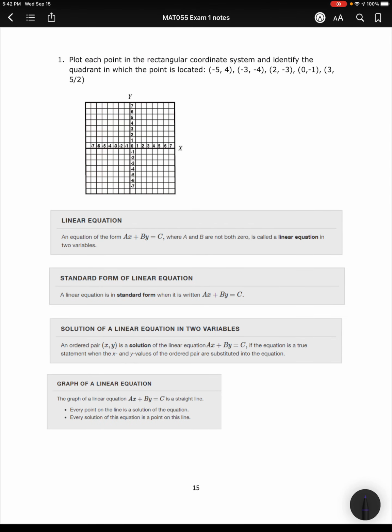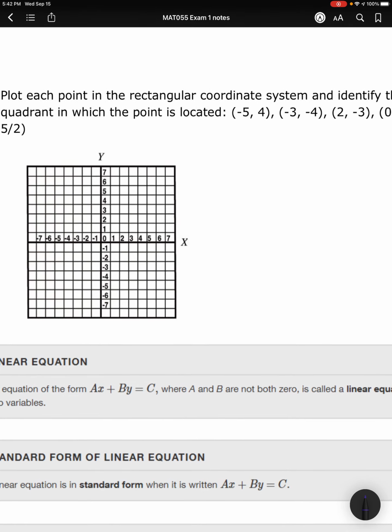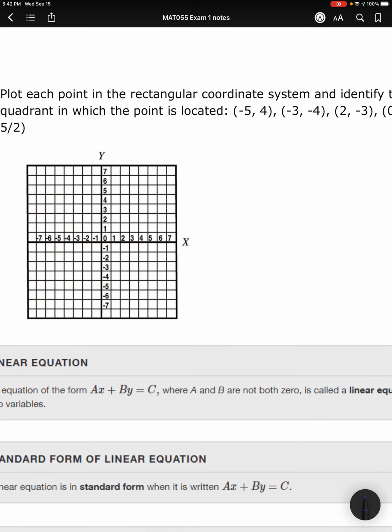All right, we're going to plot a bunch of points here. The first one is -5, 4. So I want to go to -5 on the x-axis and then up 4. It's going to be right there, and I can label it -5, 4 so I remember. Next, -3, -4.